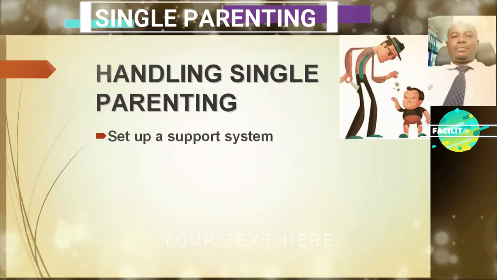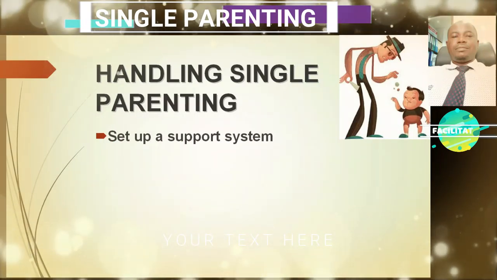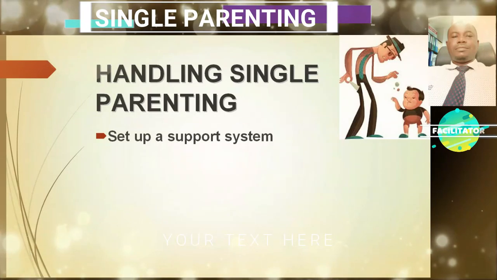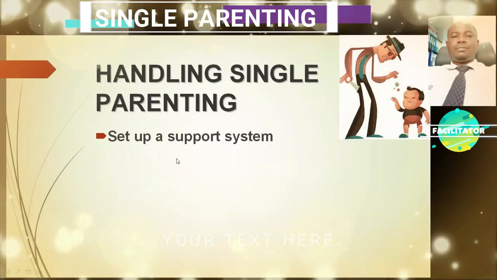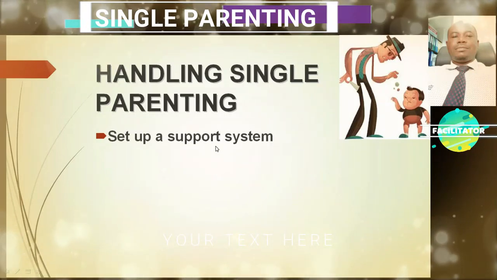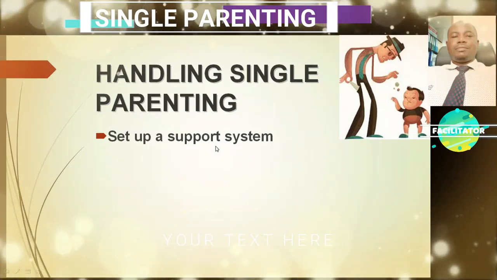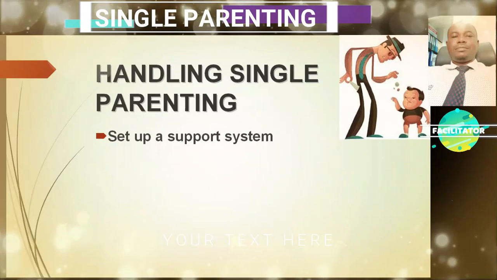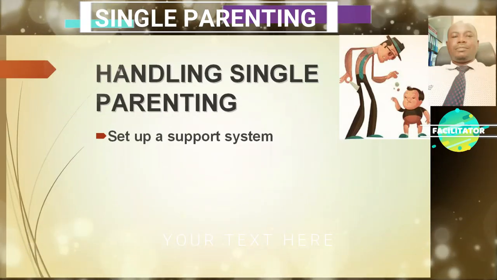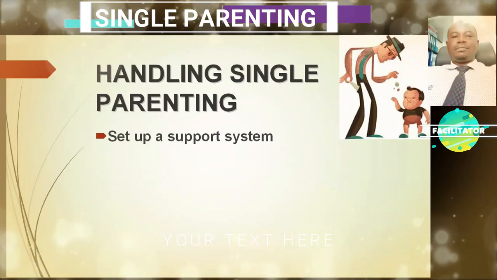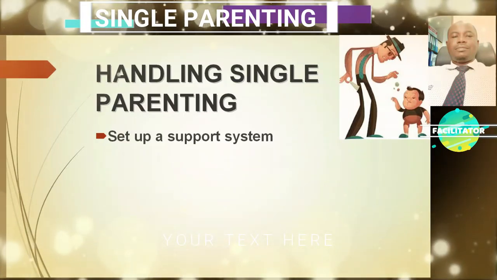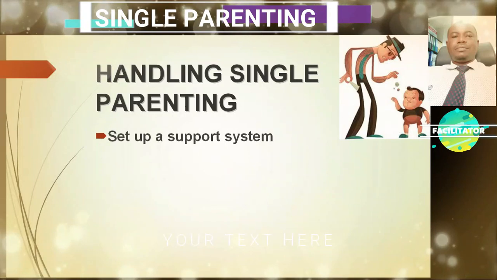Now, how do we handle single parenting? The first thing is that we need to set up a support system. Single parenting is something that sometimes cannot be prevented, especially in times of death.